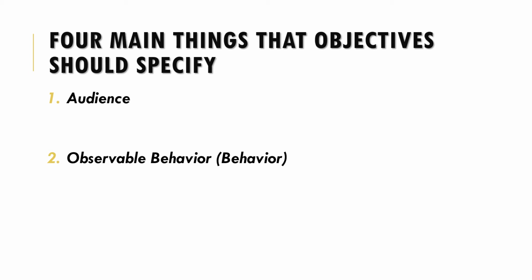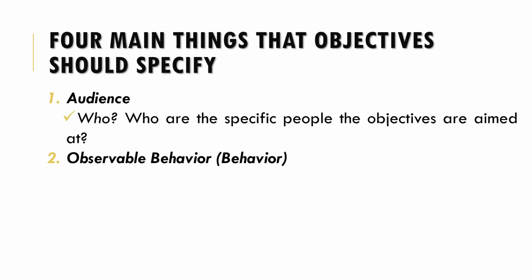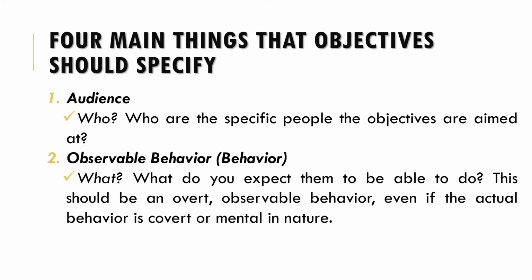Okay. So I think let's try to look at some example. No? For audience, who are the specific people of the objectives are aimed at. So, kanino siya sa mga estudyante, for example. Observable behavior, what? Okay. What do you expect them to be able to do? No? To define, to list no, the factors affecting solubility, mga ganyan.